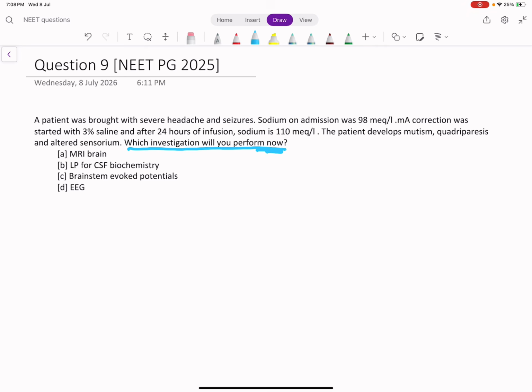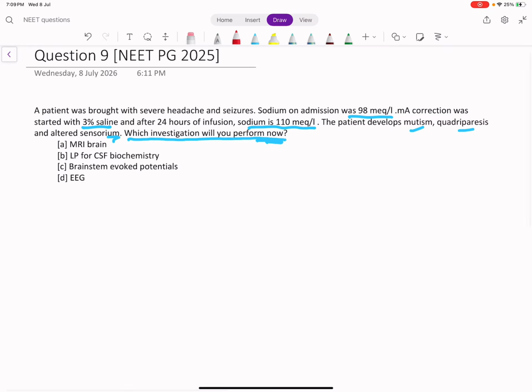A patient was brought with severe headache and seizures. The sodium on admission was 98 milliequivalents per liter. A correction was started with 3% saline, and after 24 hours of infusion, sodium is 110 milliequivalents per liter. The patient develops mutism, quadriparesis, and altered sensorium. So what is the diagnosis, and what will you do to confirm?